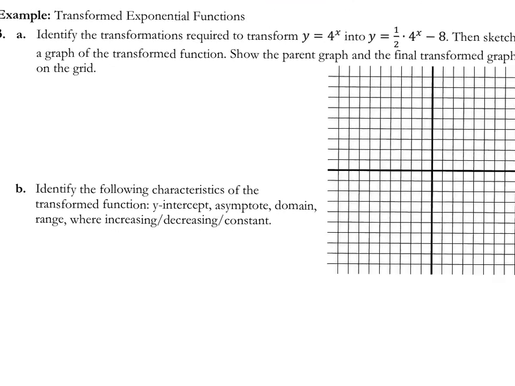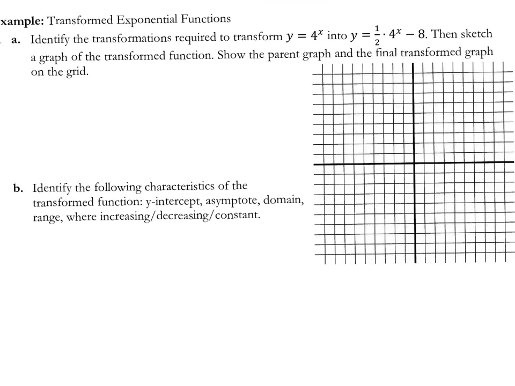So the first thing we have to do is think about what the parent function looks like. So we're going to make ourselves just a little table of values, listing out some points that we know are on the parent function. Typically for these, we want to do about 3 points on the parent function. You can always do more if you want, but definitely you should have 3 points.